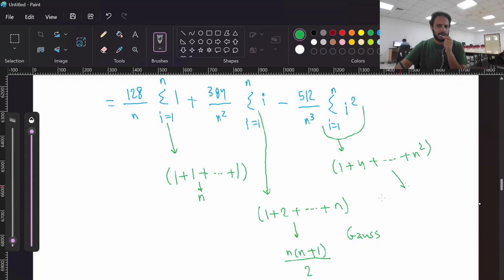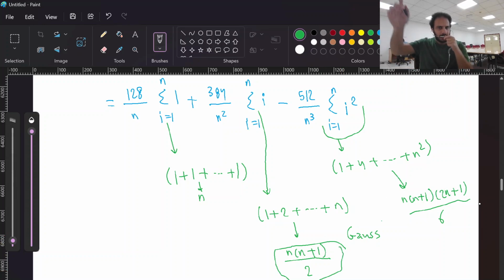This also has a formula: n times n plus 1 times 2n plus 1, over 6. If you are curious about the sum of the cubes, it will be n plus 1 over 2, all squared, but this is not important for this example.